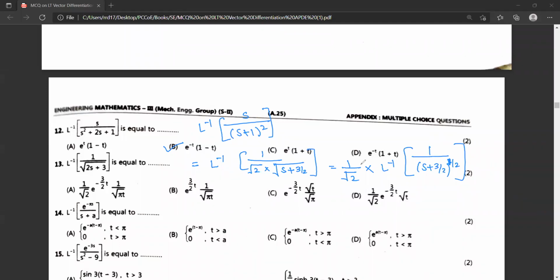Sir, what is the power? 1 by 2 will come there. So the e raised to minus 3 by 2 t will come, right? And 1 upon s raised to 1 by 2, find out the inverse of that. Do it quickly.